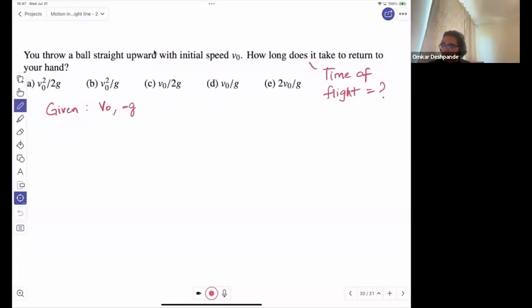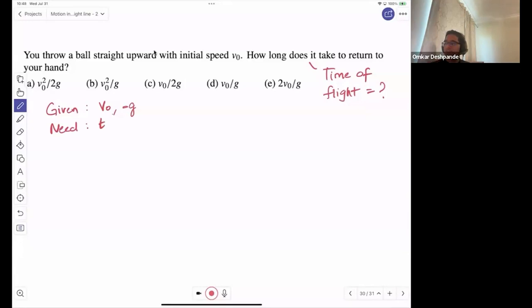The assumption here is that we know what g is because that can be measured through experiments. And even if it is not given to you, you can assume it in 1D free fall kinematics. So v0 is given, g is given, and we want to find out time. The way to pick the right equation is to ask: is there an equation that has only these quantities?